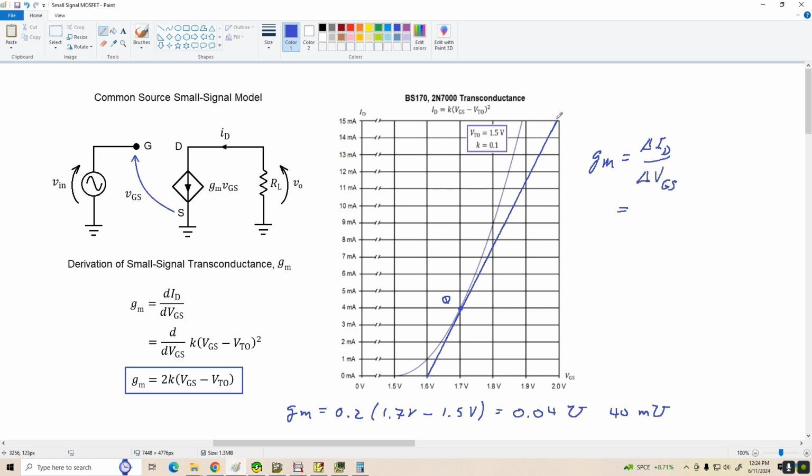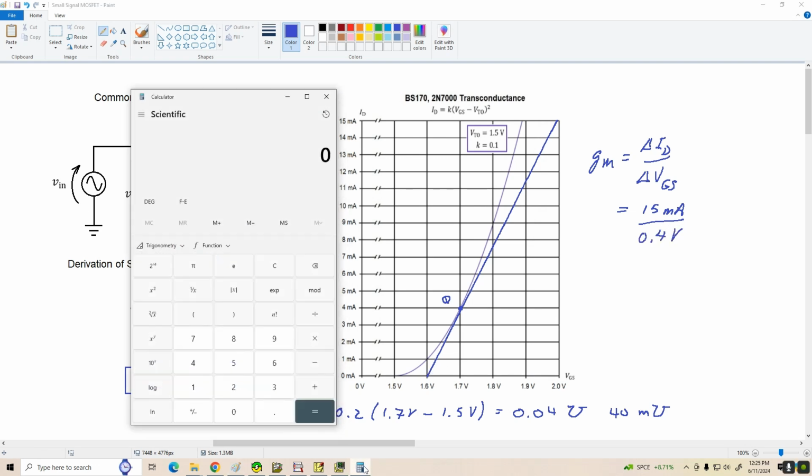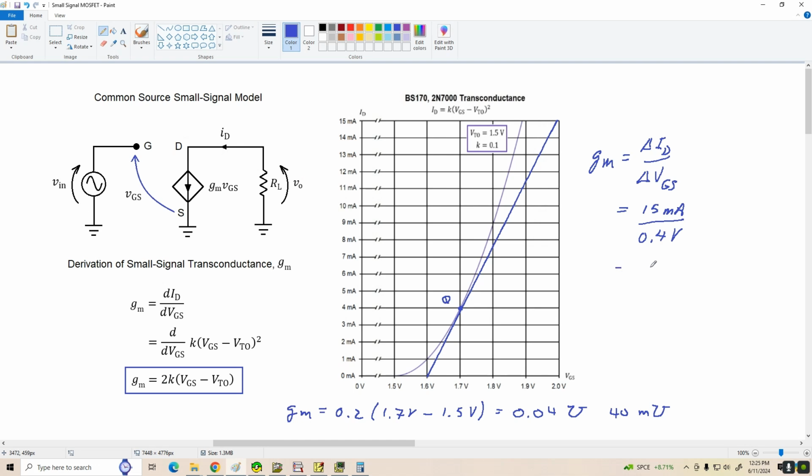So in this particular case, we've got a delta ID of 15 milliamps. And our delta VGS is about 2 minus 1.6, or 0.4 volts. All right, so that gives us a transconductance of 0.015 divided by 0.4, which is, let's call that 38 millimhos, approximately 38 millimhos.